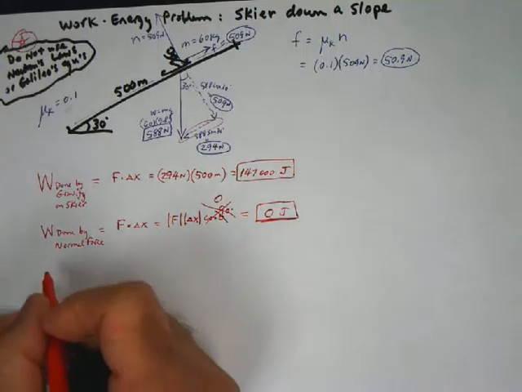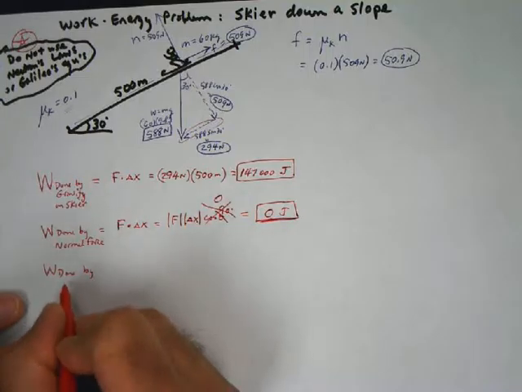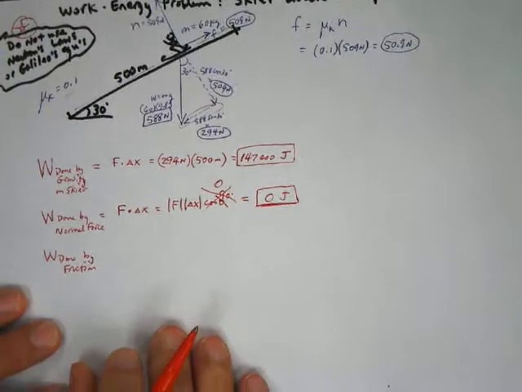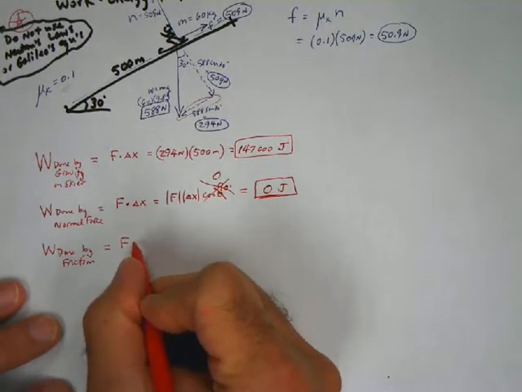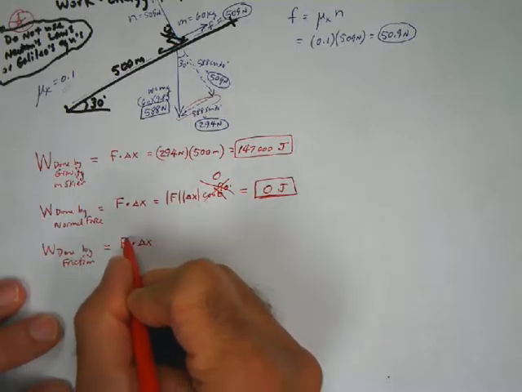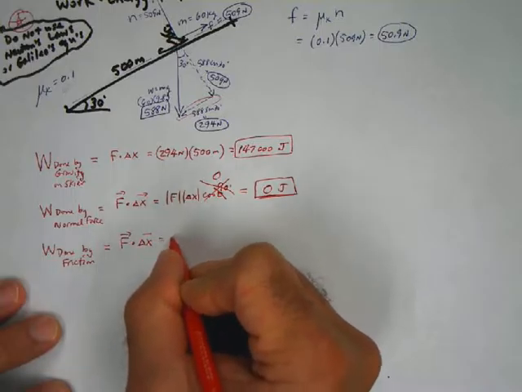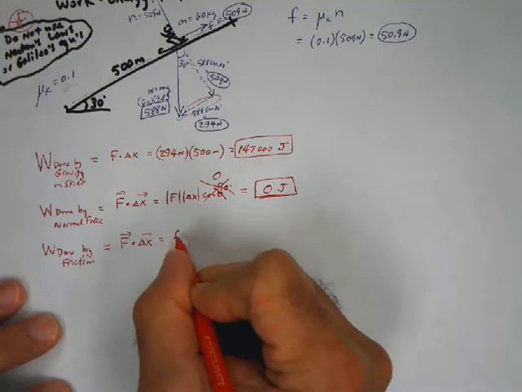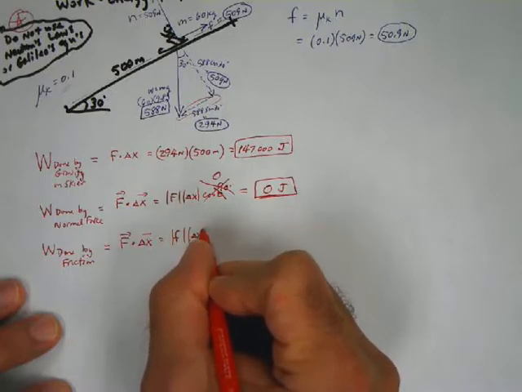How about the work done by friction? Well, we can use similar logic. Work is force dot distance. That'd be the magnitude of the frictional force this time, times the distance traveled, times the cosine of the angle between.